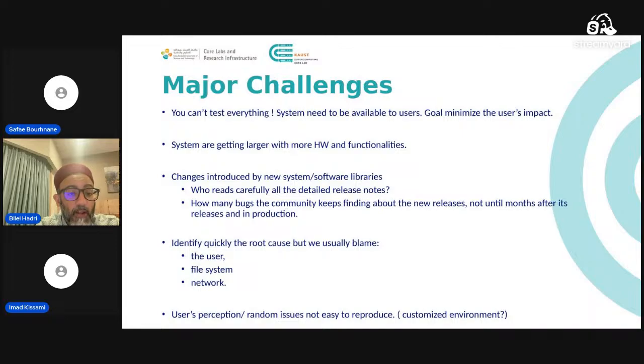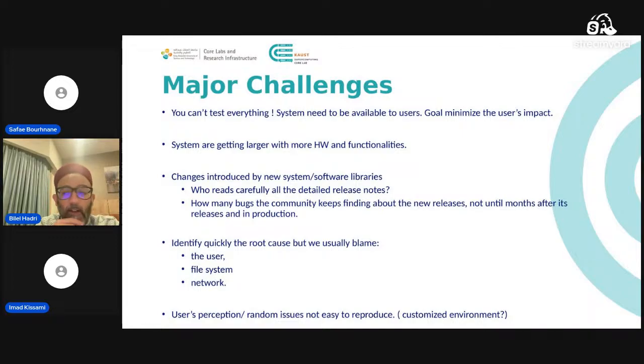This is very important because when we find an issue, we tend to always blame the user. No, this is his fault. Sometimes it's the file system or the network. Sometimes it's something else. From the user's perception, it can be some random issue, and it can be very hard to reproduce some issues. Does he have a customized environment and so on?